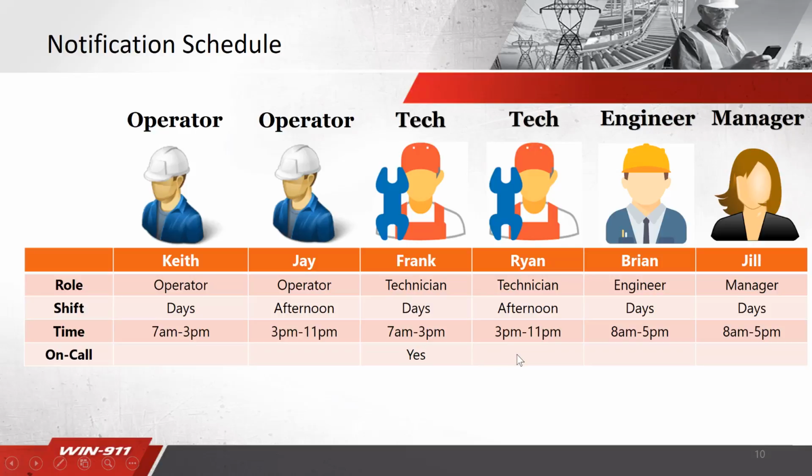If you use advanced tactics and strategies on our advanced license of our software, you can do a role-based notification. For example, if this person's on call on the weekends, this week an alarm goes off, it might go to Frank. But if next week he's not on call, you move the label over to this person, Ryan, then he's on call, and the alarm's going to go to him. And we'll go through some of this advanced notification process.